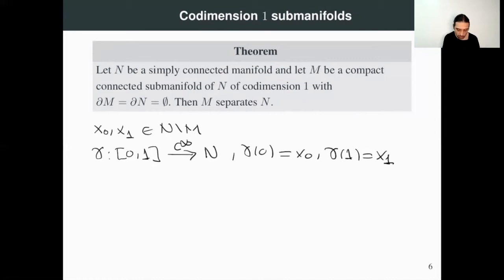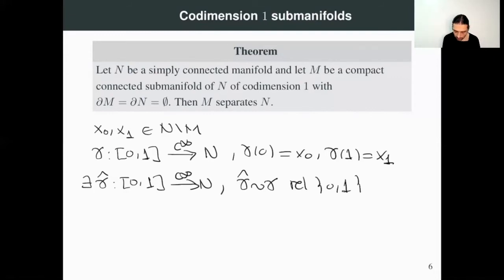So in these conditions, there exists gamma hat, a C infinity path that is homotopic to gamma relative to 0, 1, and such that gamma hat is transversal to M, right?